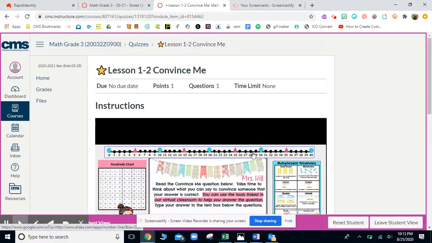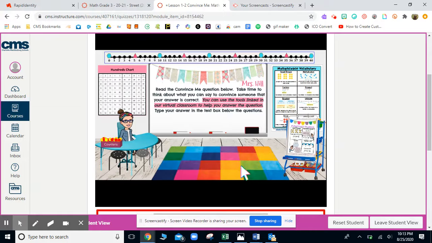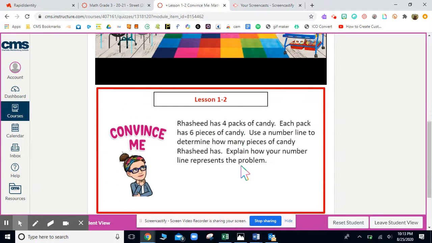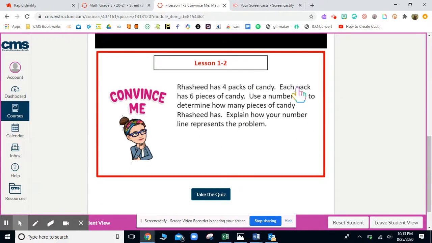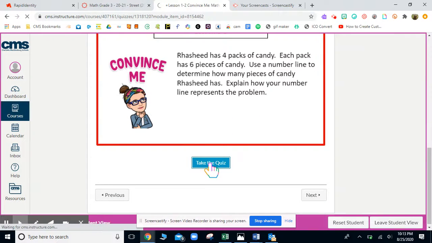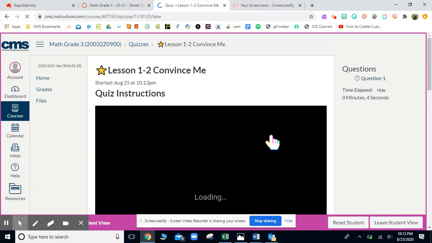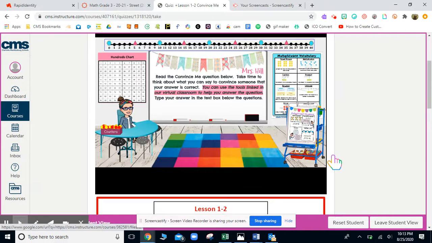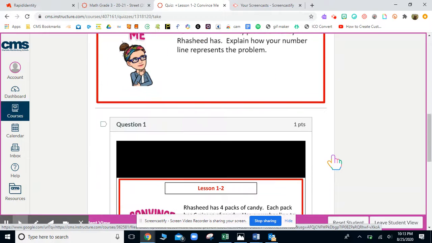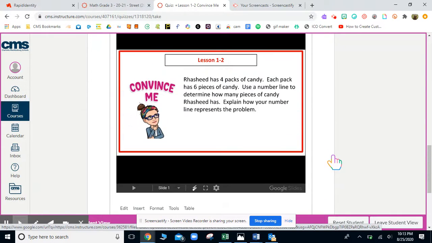Now that they've had a chance to see the lesson and practice, they're going to have to convince their teacher that they understand. So here is the question, and then they take a quiz. The quiz is what will be populated and sent to their teacher, so it is very important that they complete all of these quizzes.